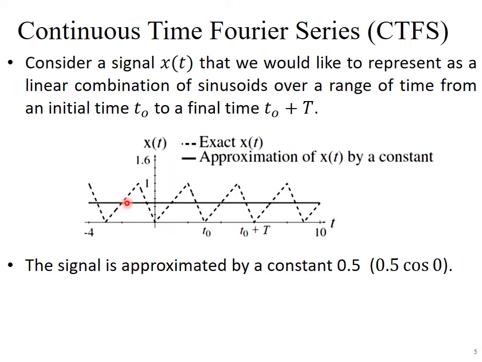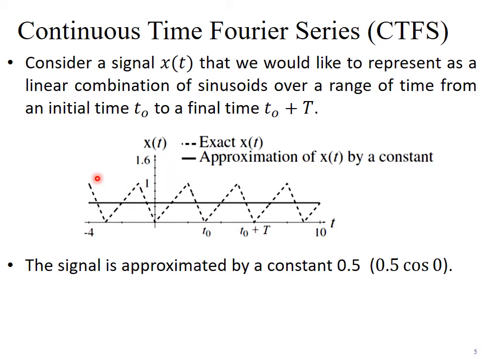If we approximate the triangular wave with a constant having value 0.1, for example, then the maximum error would be 0.9. Similarly, if we approximate it by 0.8, then the maximum error would be 0.8.